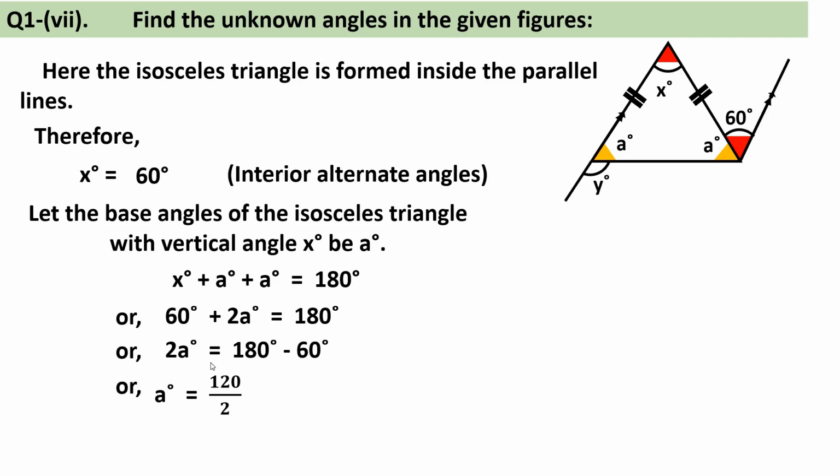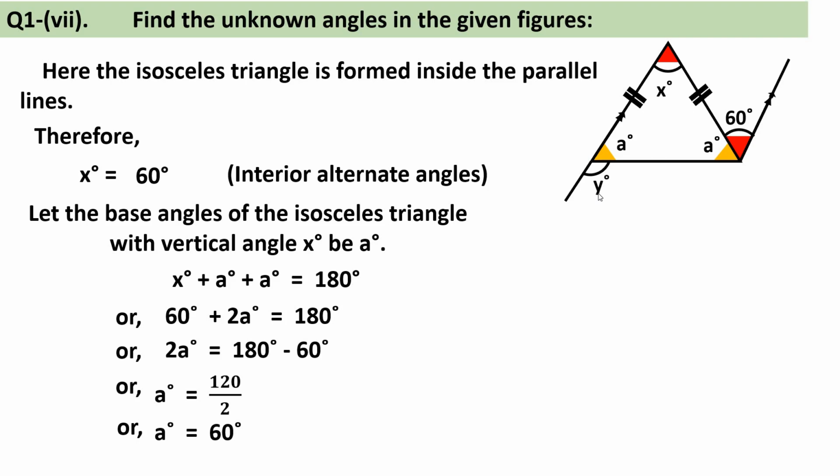So I have skipped one step over here. So we get 120 divided by 2, and when we do the division we get a is equal to 60 degrees. So we got the value of a, which is the base angle, but we are not asked to find the value of a, we are asked to find the value of y.